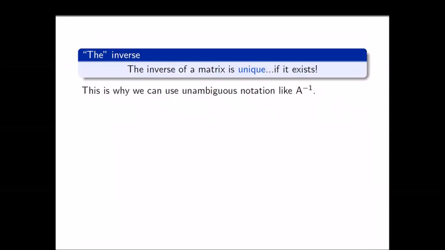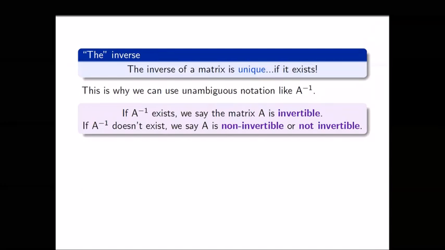Okay, we've been talking about inverses and we've been using the inverse quite a bit. And that's because the inverse of a matrix is unique whenever it exists. And that's why we can use an unambiguous notation like A to the minus 1 or A inverse. So if A inverse exists, we say that the matrix A is invertible.